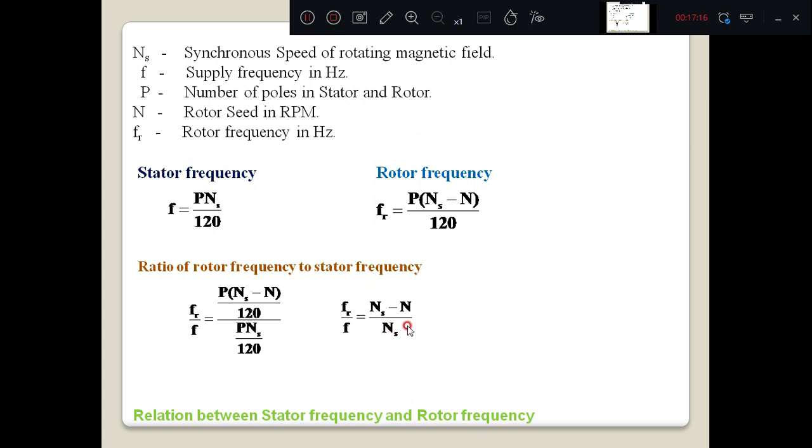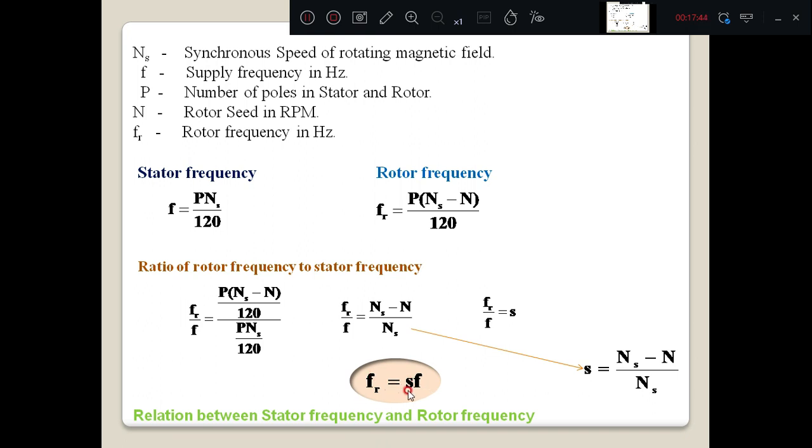Then we know that ns minus n divided by ns is nothing but the slip. Therefore, I am replacing this by s. Therefore, Fr by F is equal to s, where Fr is the rotor frequency and F is the stator frequency. Therefore, if we want to express Fr in terms of F, it is slip times the stator frequency.